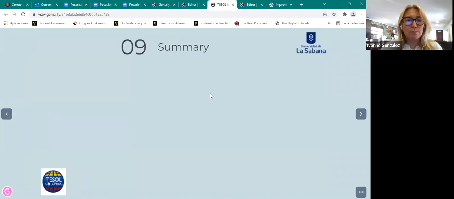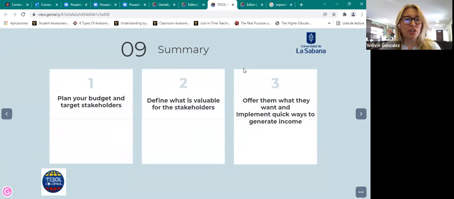Good. So if we want to make a summary of what we have presented so far, we have this. First, plan your budget. Be careful to make a list of the expenses, the real ones that you need to run your association. Add to the list of expenses the cost of the activities that you want to implement and all the projects that you want to run.